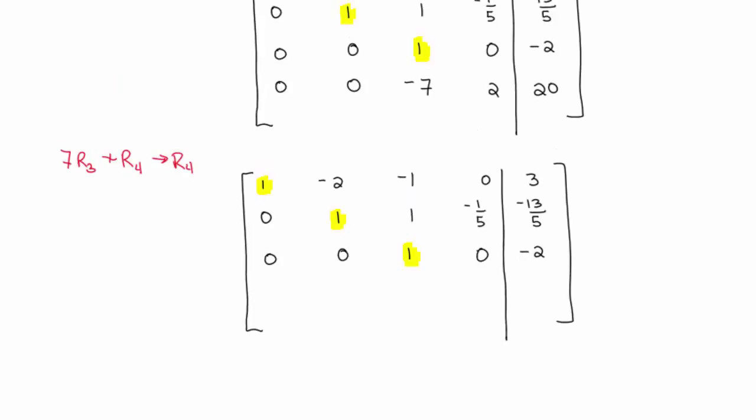So 7 times row 3: 7 times 0 plus 0 is still 0. 7 times 0 plus 0 is still 0. 7 times 1 is 7 plus a negative 7 is 0. 7 times 0 plus 2 is 2. 7 times a negative 2 is a negative 14, plus 20 is 6.